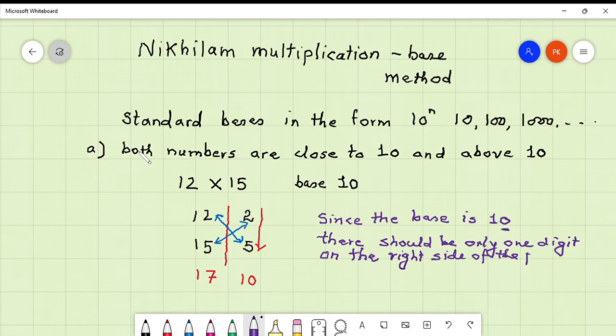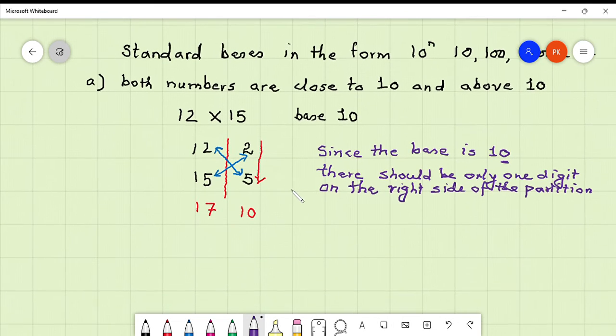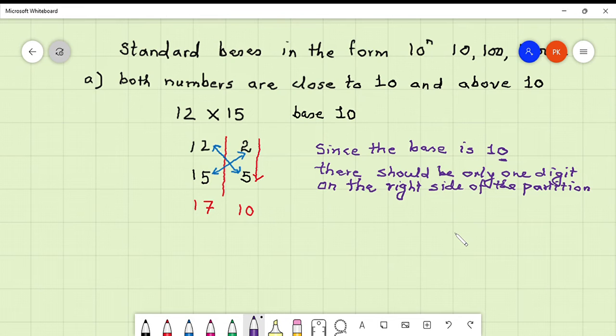Keep it in mind that whatever is your standard base, and whatever number of zeros the standard base contains, only those many digits should remain on the right hand side of the partition. So in this case, carry this 1 to the left side of the partition.